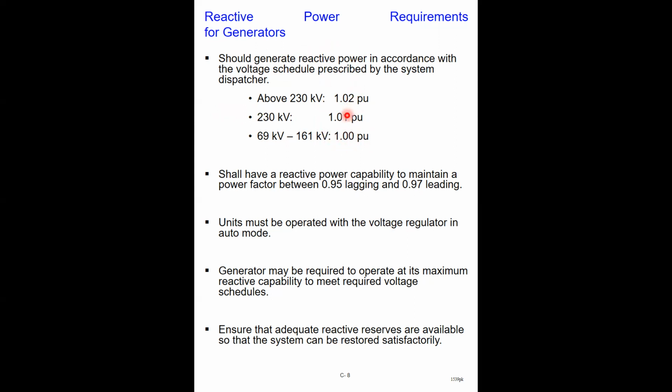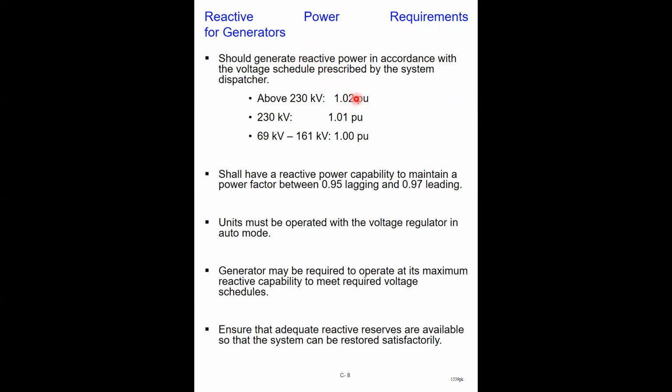So what does this mean? Yeah. So that means here you have higher voltage. So that means a little bit more excitation. Am I right?